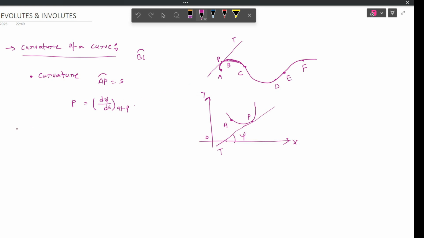So let us see some theorems related to this. Our first theorem is: curvature at every point on a straight line is 0. It is obvious, right?